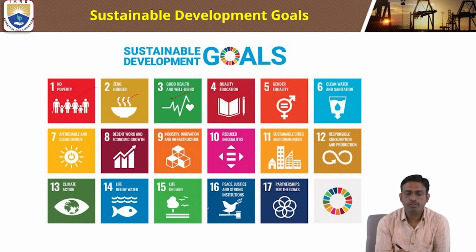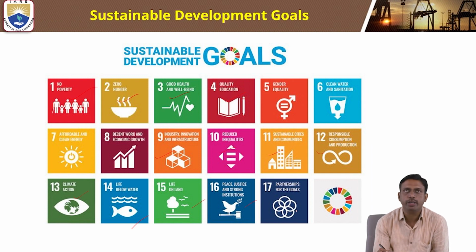The eighth goal is decent work and economic growth; industry, innovation and infrastructure; reduced inequalities; sustainable cities and communities; responsible consumption and production; climate action; life below water; life on land; peace, justice and strong institutions; partnerships for the goals. These are the goals for sustainable development.